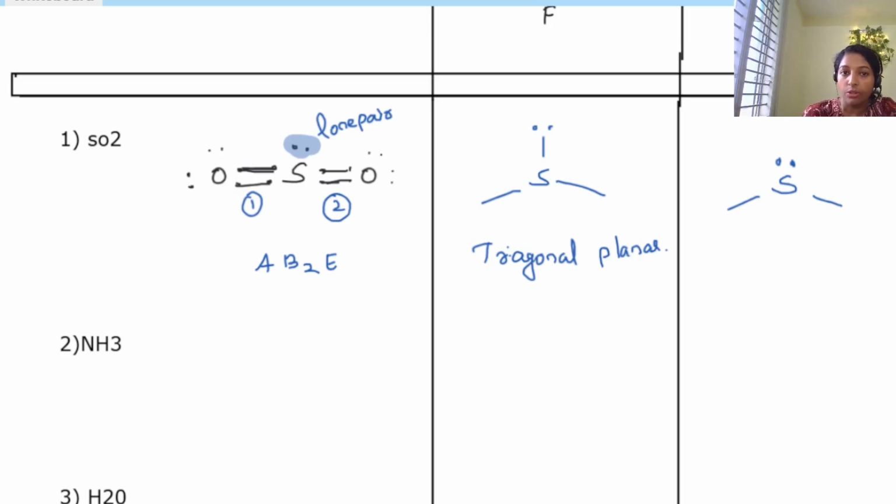Correct? So this particular shape is what we call bent because it's bent, right? It's not like a linear shape. Due to this repulsion, it can't be occupied like a 180-degree. It's not possible. Then what is the bond angle? It originated from the trigonal planar geometry.